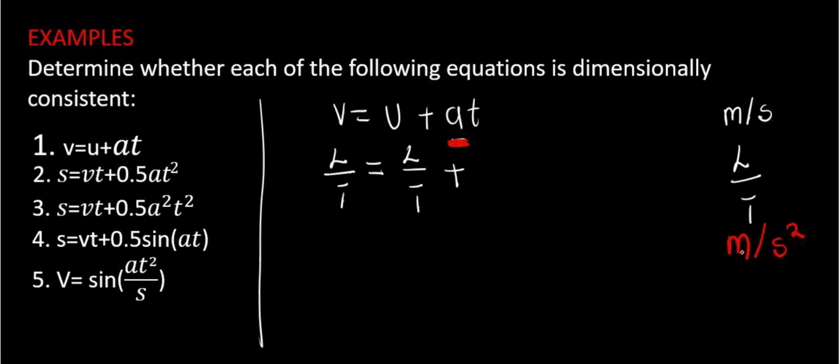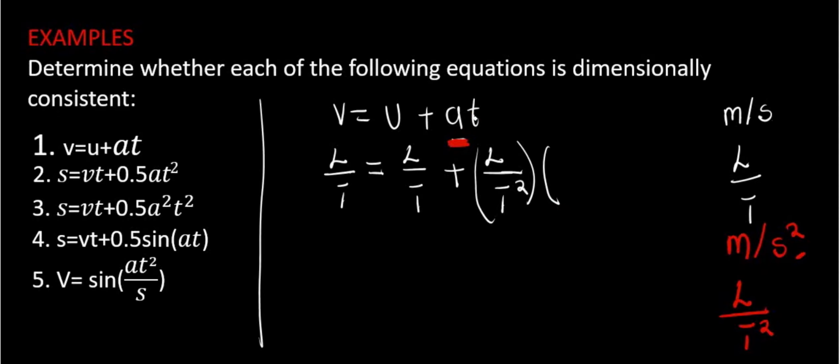Now, what is the dimension of the meters? It's supposed to be length over time, so it means T squared. So you have L over T squared.